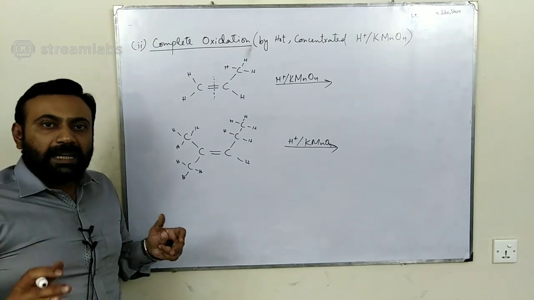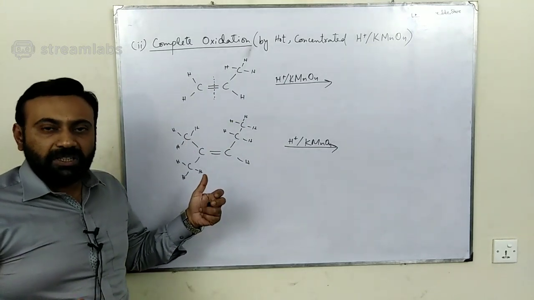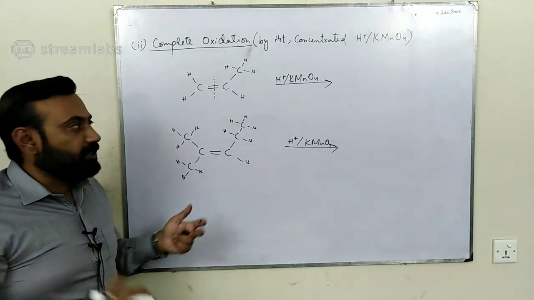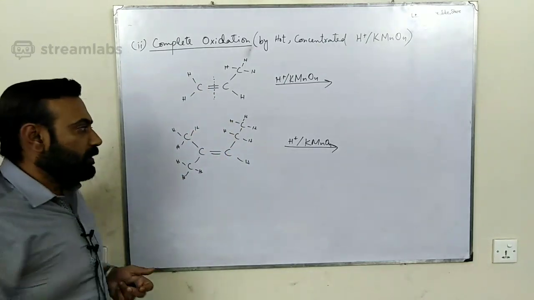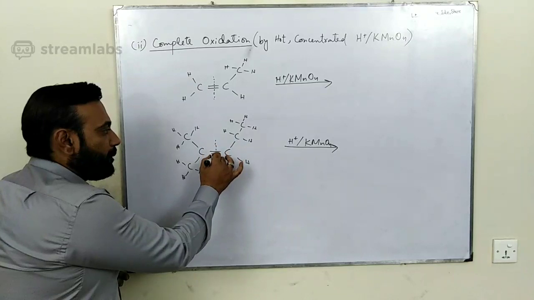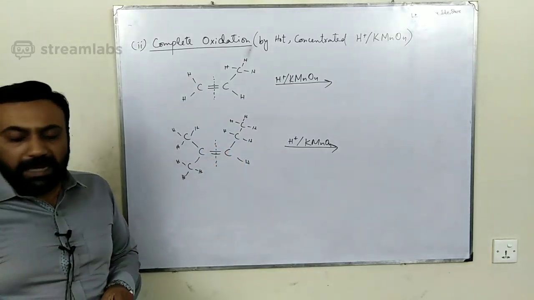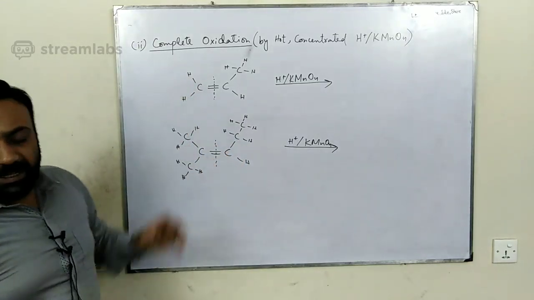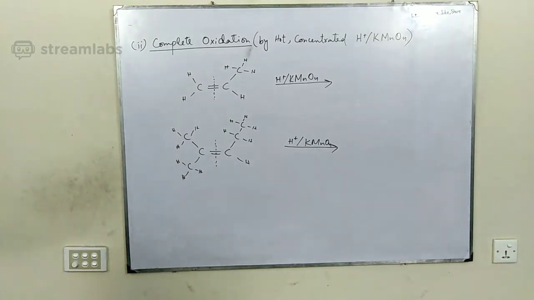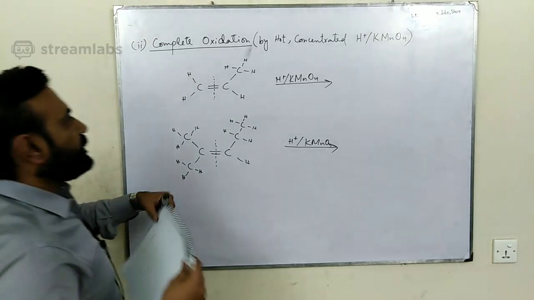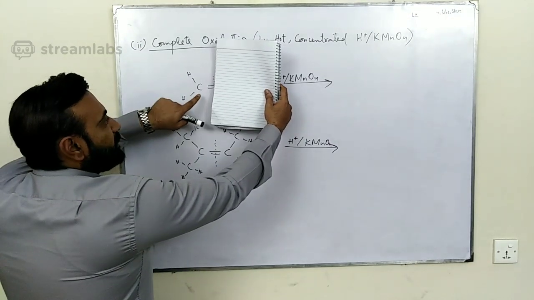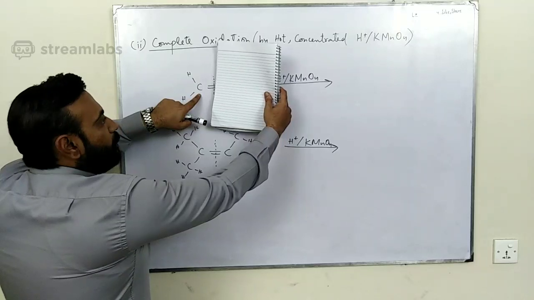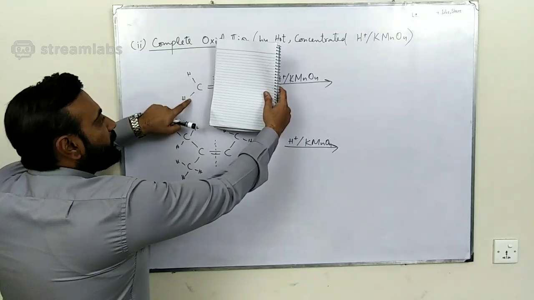This time, unlike the partial oxidation, unlike the addition reactions, both the bonds in the double bond would be broken, always. Now you have to look at each of the sides after breaking these bonds, because we can have different scenarios. Like in this case, on one side, this carbon atom which was initially involved in the double bond is bonded to two other hydrogen atoms.